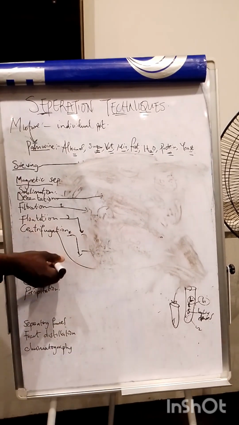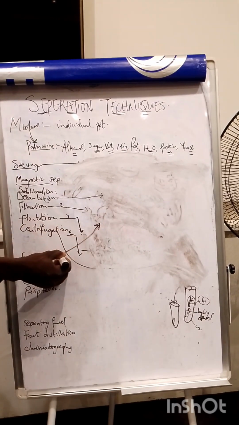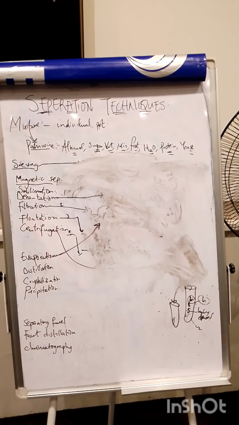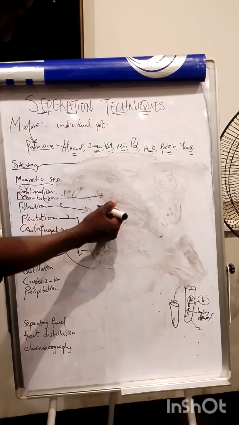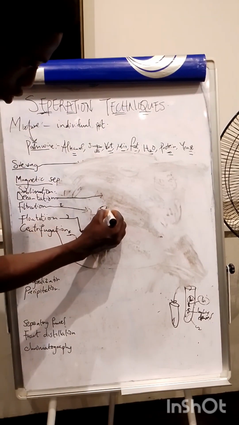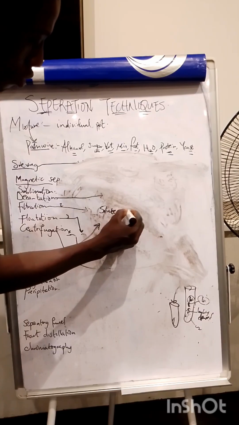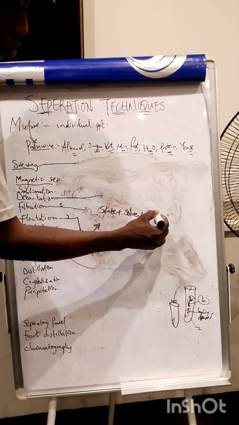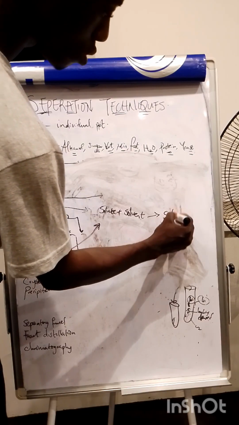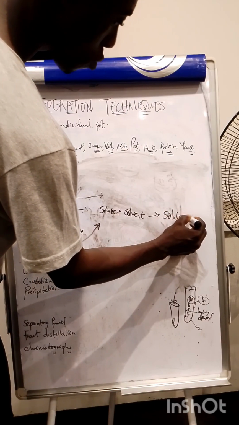Evaporation here works on the principle that you have your solutes, then you have your solvents. Solvents will dissolve the solids to form a solution. Are you with me? Your solute here is your solid.